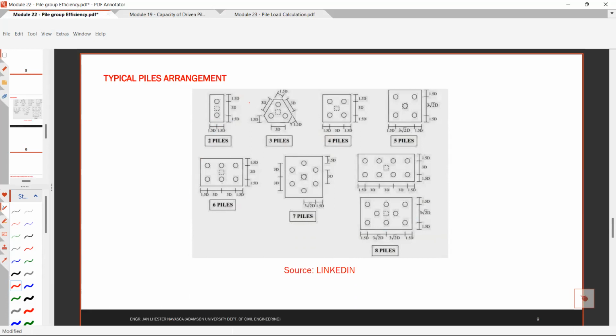So hindi kasi eksakto yan na kailangan may anchorage. Okay? So for example, ito yung piles, yung pile cap, and merong piles sa ilalim. So meron siyang embedment ng konti, a minimum of 150 millimeters. Yan. So meron siyang embedment.